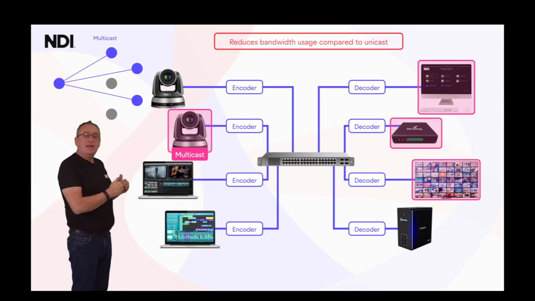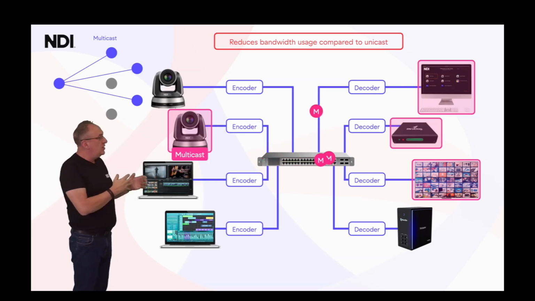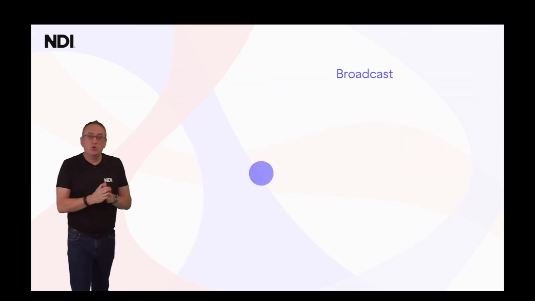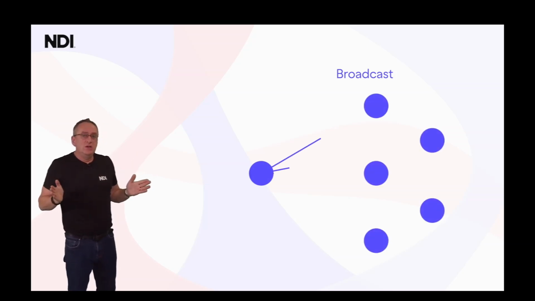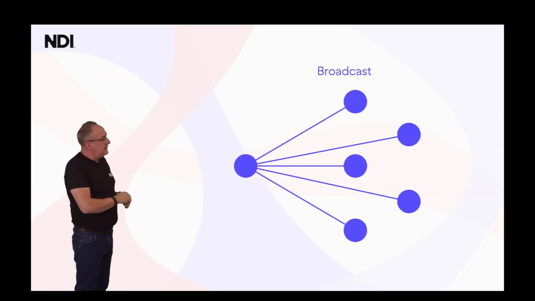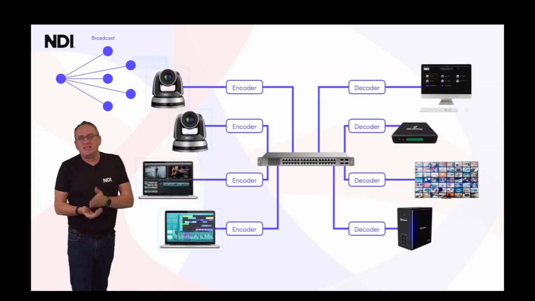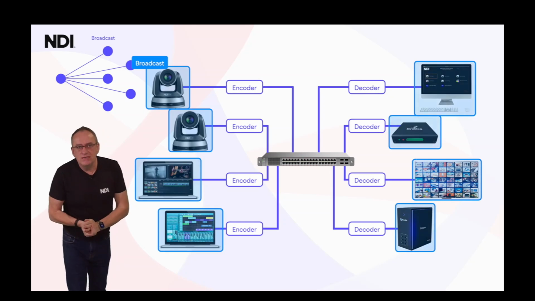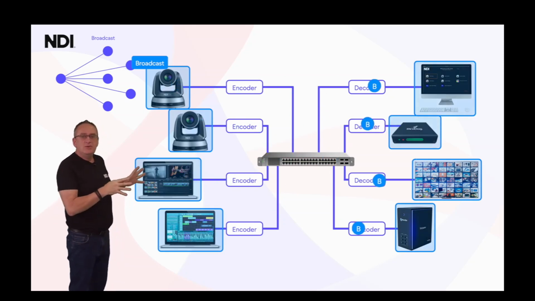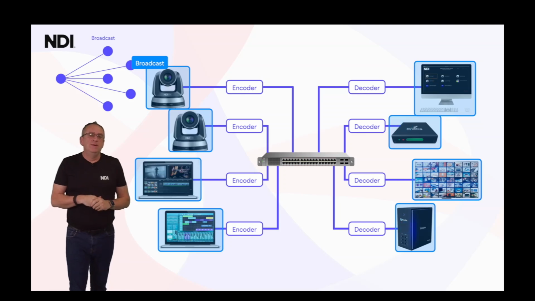The data is only streamed upon request, unlike broadcasting, for example, because broadcasting is a one-to-all communication, where data is sent to every device on the network. In AV over IP, broadcast is less commonly used as it can overwhelm the network by sending streams to all devices, whether they need the data or not.